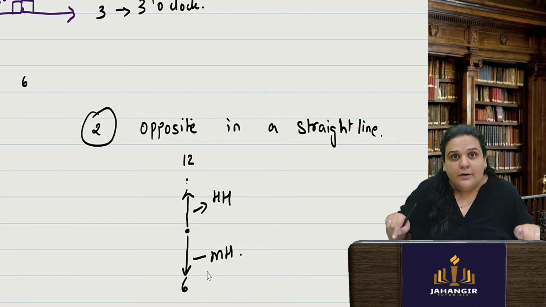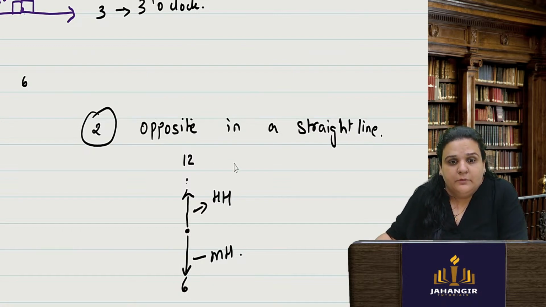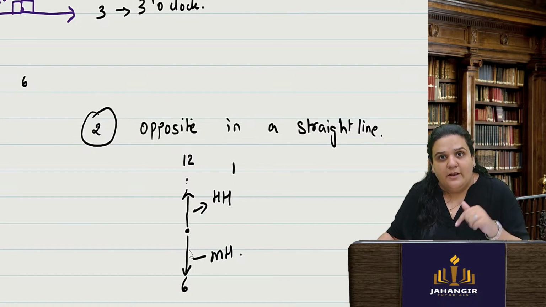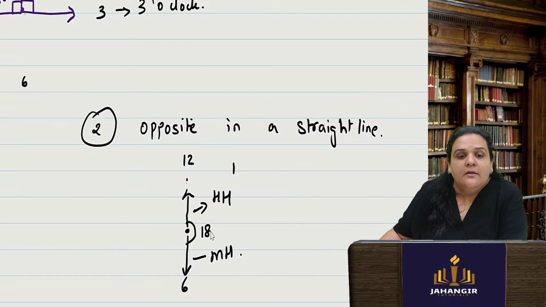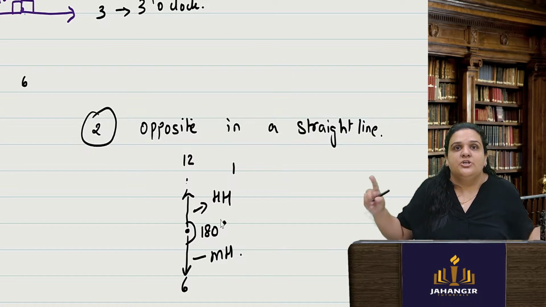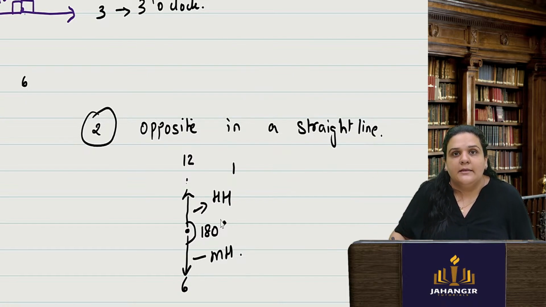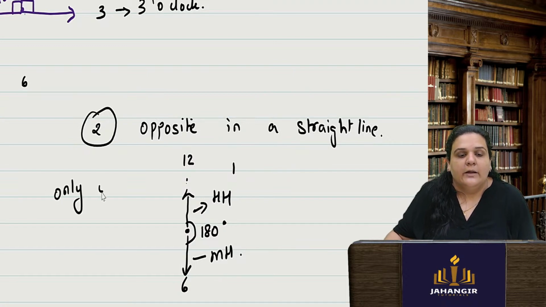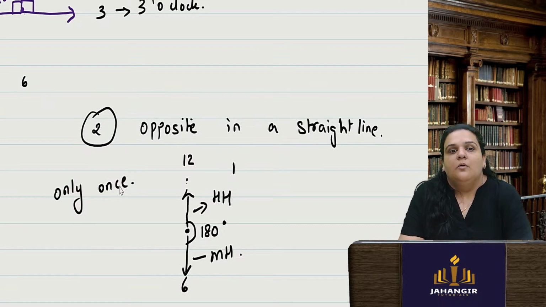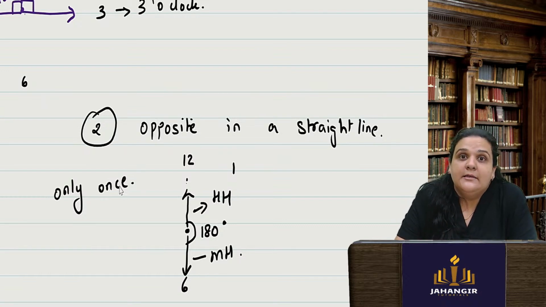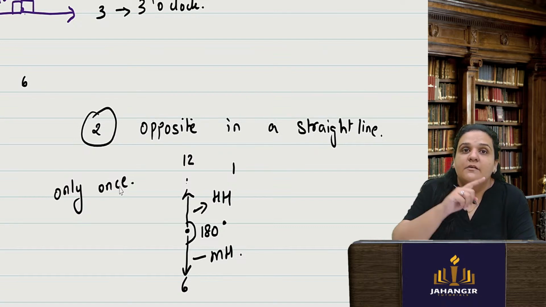So in 1 hour, say between 12 and 1, the clock started at 12 and it is only going to run till 1 o'clock. How many times is this going to happen where both the hands are opposite each other in a straight line at 180 degrees? Only once. They will be opposite each other only once in 1 hour.